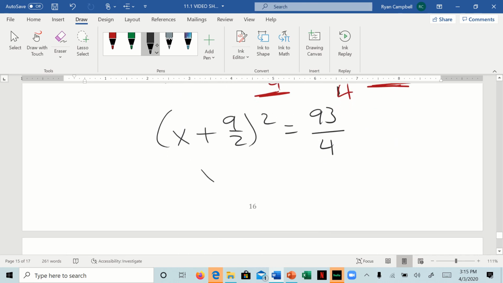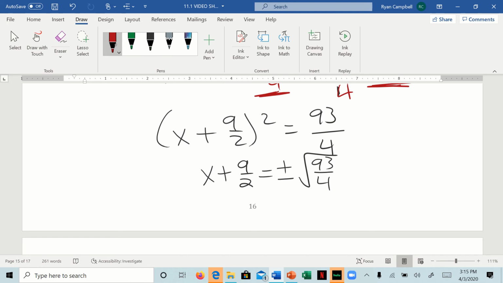So we see that we get x plus 9 over 2 is plus or minus the square root of 93 over 4. But this doesn't work, right? Because we have a radical in the denominator. So we need to simplify that. So we get the square root of 93 over the square root of 4.